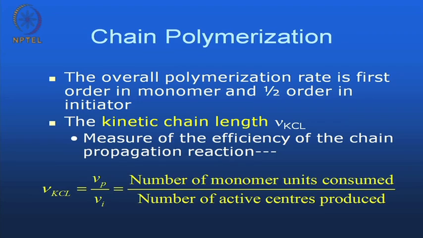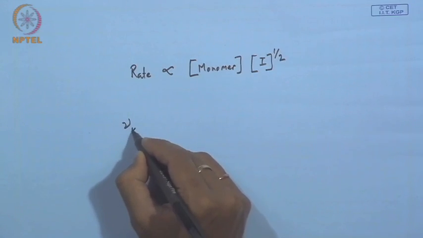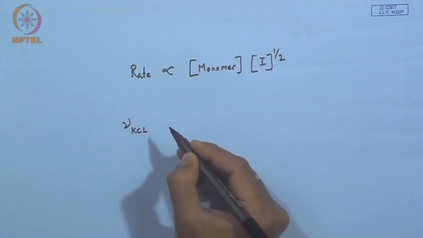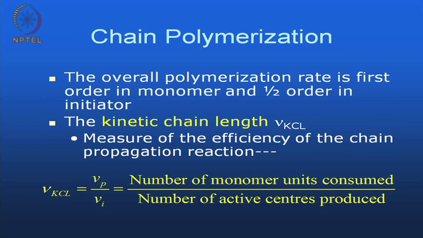Then we would like to define one quantity called the kinetic chain length, nu KCL, the kinetic chain length. It is nothing but a measure of the efficiency of the chain propagation reaction, how efficiently the chain is propagated, because propagation is very important for further processing.